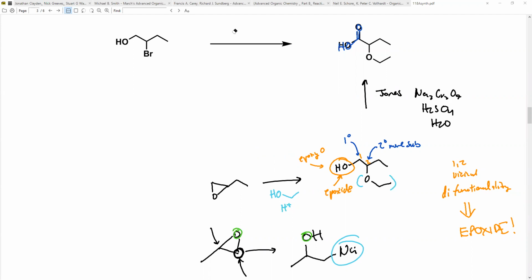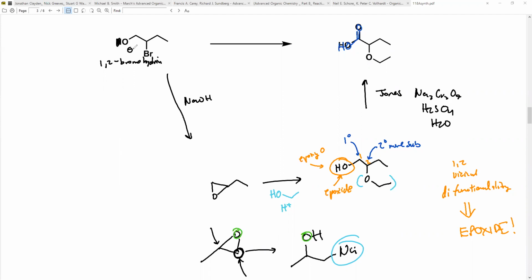Cool. So I know that this opens up this epoxide. When I'm trying to get from here to here, here's the boring part about these epoxide problems, at least for 118A. You're going to have to start from some molecule that is a 1,2 bromohydrin. So we call this a 1,2 bromohydrin, or a bromo alcohol, because you just use NaOH here and it will close up the ring, right?